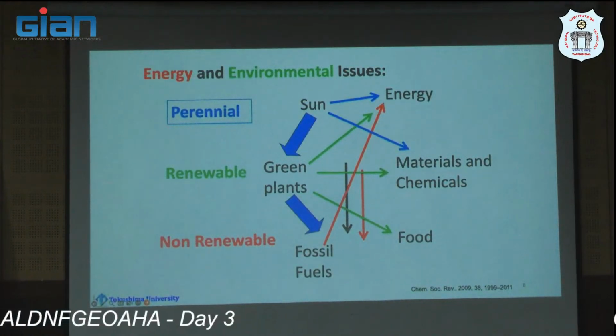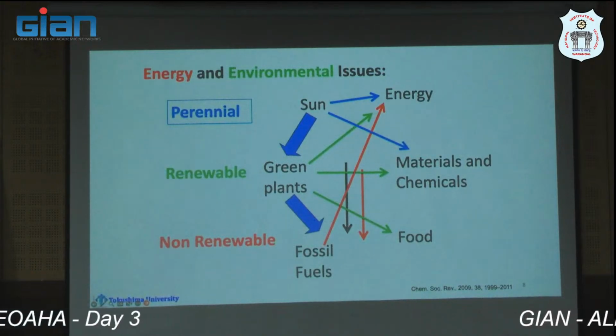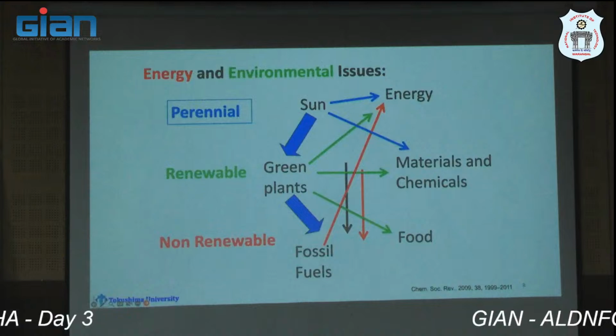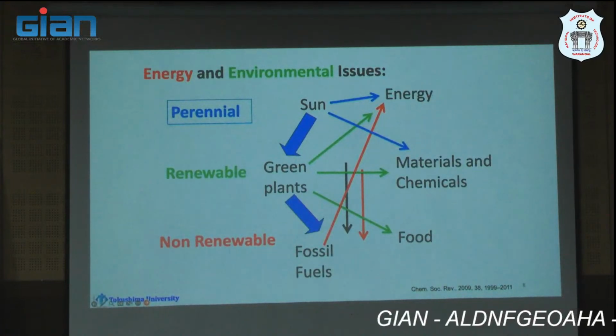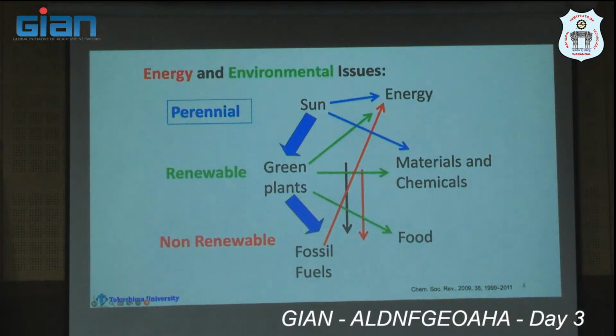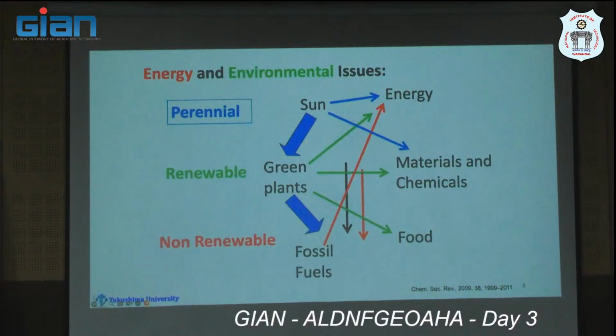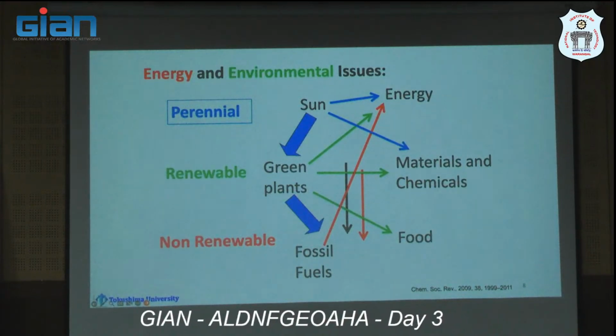So when we look for completely green sources, it means that it should not create any byproduct that can be harmful, that can create pollution, or that can cause problems to humans. Those sources are good sources for green energy application.